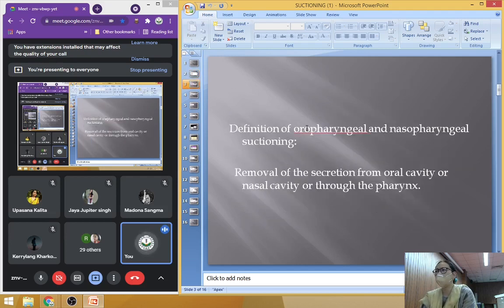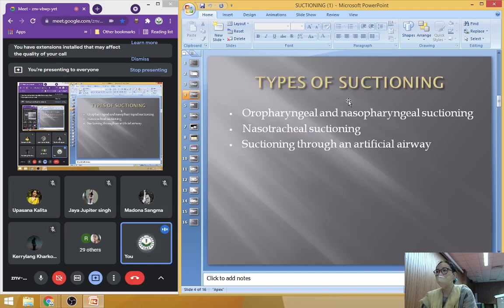Then what is oropharyngeal and nasopharyngeal suctioning? It is the removal of the secretion from the oral cavity or nasal cavity through the pharynx. What are the different types of suctioning?